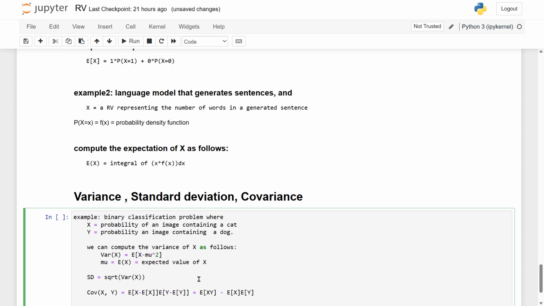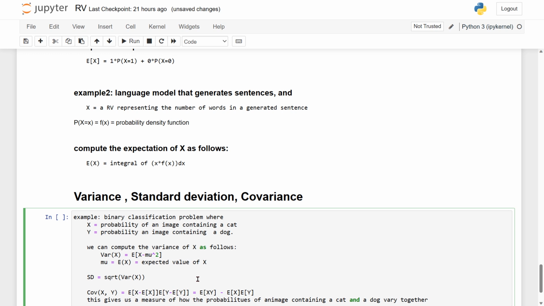So this gives us a measure of how the probabilities of an image containing a cat and a dog vary together.